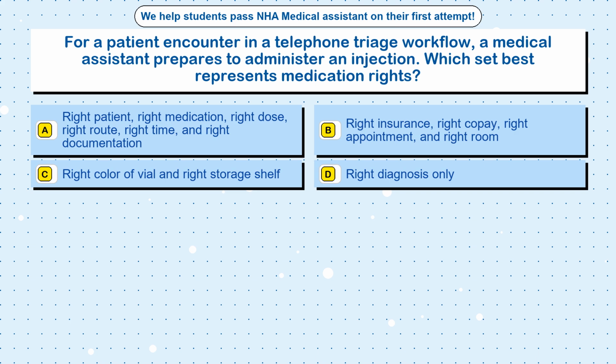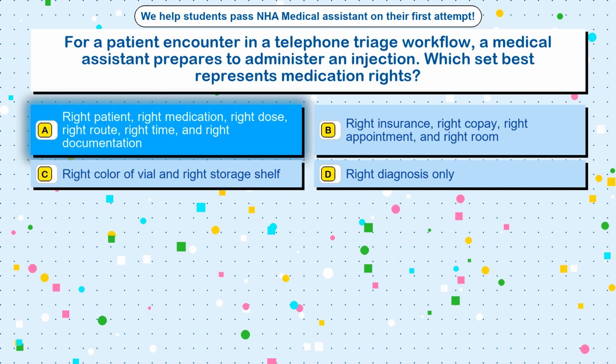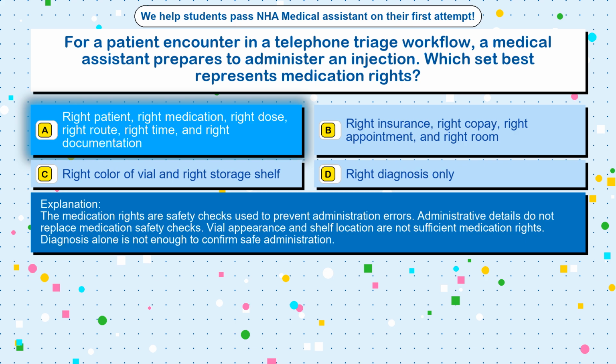Option D. Right diagnosis only. The correct answer is option A. The medication rights are safety checks used to prevent administration errors. Administrative details do not replace medication safety checks. Vial appearance and shelf location are not sufficient medication rights. Diagnosis alone is not enough to confirm safe administration.